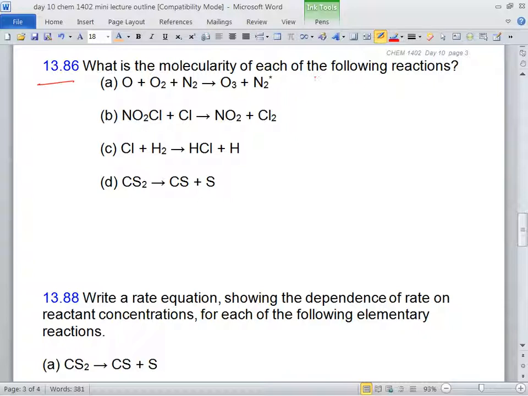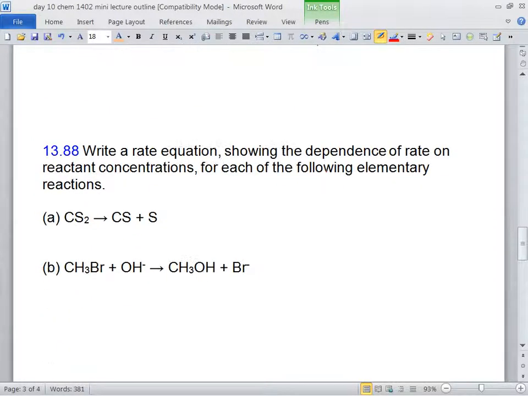This one would be, you can tell, count them up. Well, only the reactant side. 3, 2, 2, and 1, right? Not bad stuff.